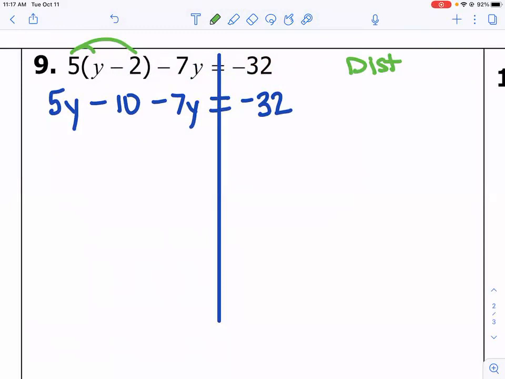Oh, Howard, your voice like got really high and jumped over there. We have to combine like terms. I can't have 2 different terms with a y. So I need to take 5y and minus 7y and actually combine them together.